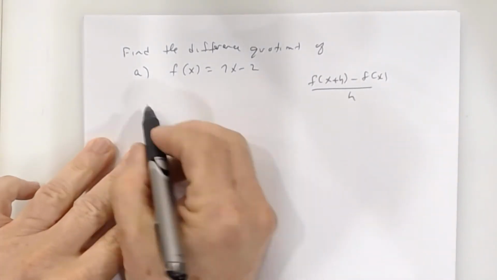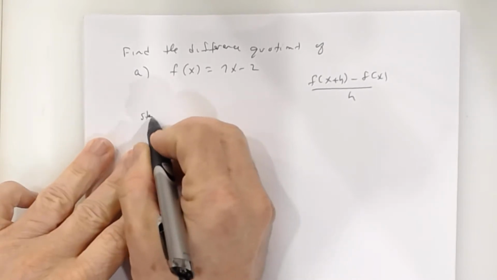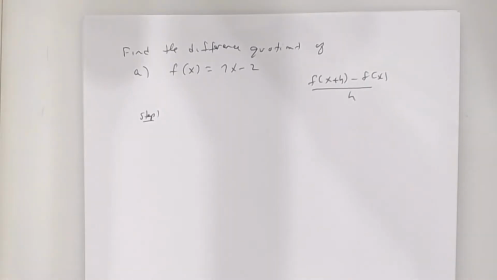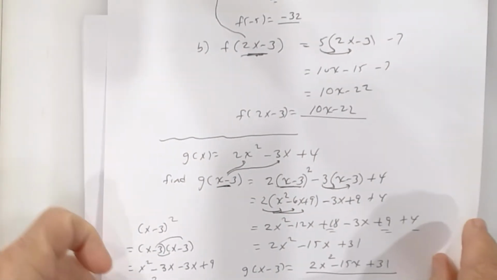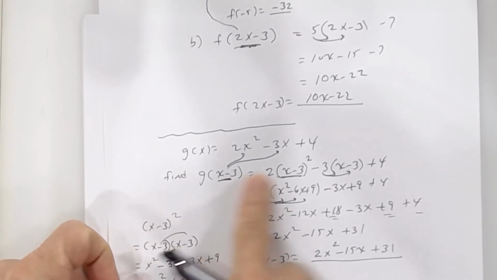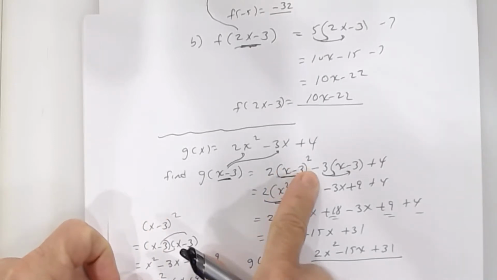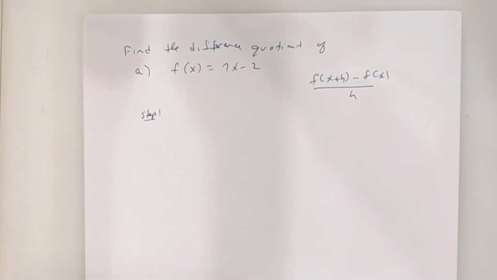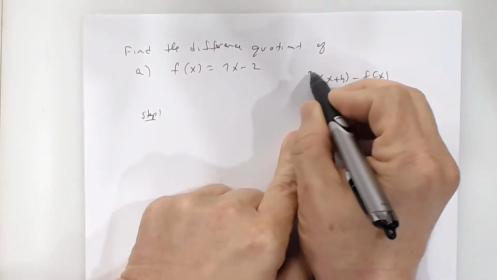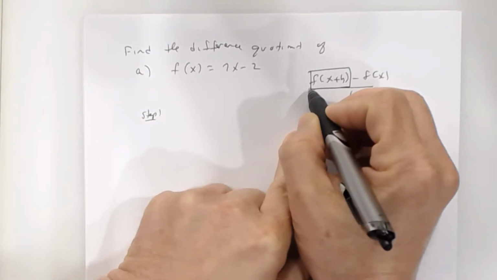All right. So here are the steps. So you're going to write it like this. You're going to say step 1. You remember when we did this one? We did this right here. When I substituted in, the first thing I said was on the side, figure out what this binomial squared is. Okay? All right. So first thing you're going to do is you're going to find this part of the difference quotient first.